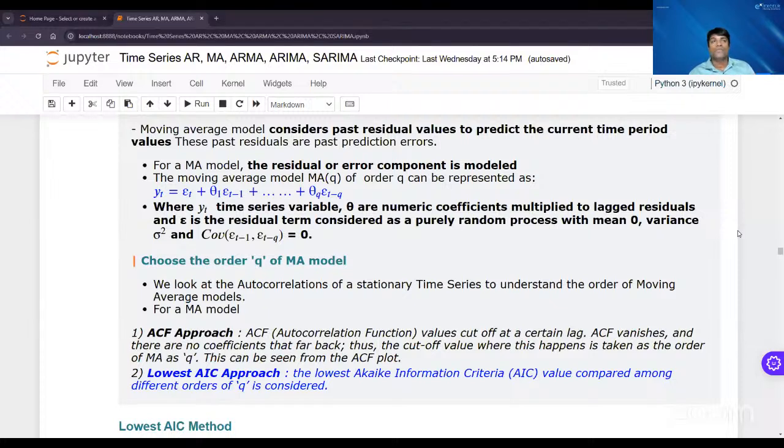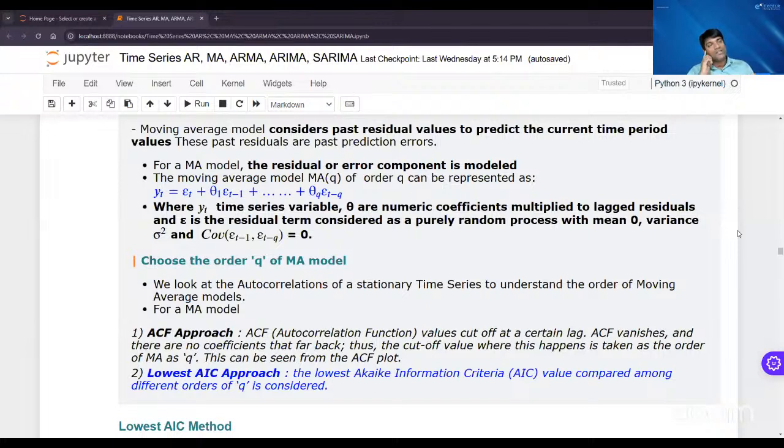The autocorrelation cuts off after the optimum lag has been met. Let us say some 10 lags is the optimum value of Q. If we have to build a moving average model, these first 10 lags should have significant autocorrelations. This is one thing we have to keep in mind.